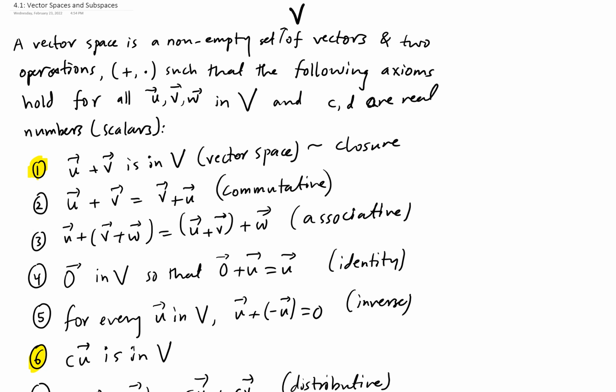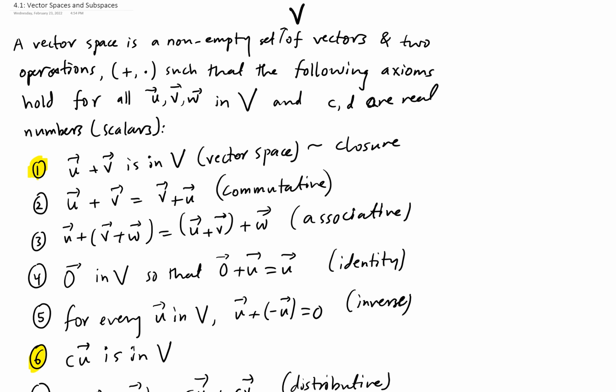A set of vectors is called a vector space if those 10 axioms hold. If someone says let V be a vector space, it automatically means those 10 axioms, which we're going to go over now, all hold.